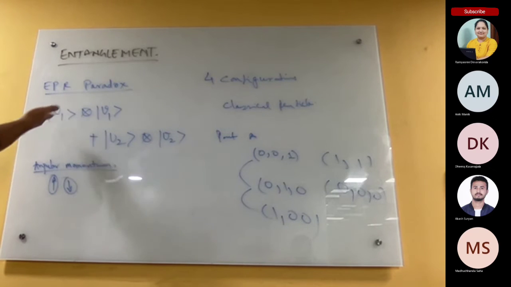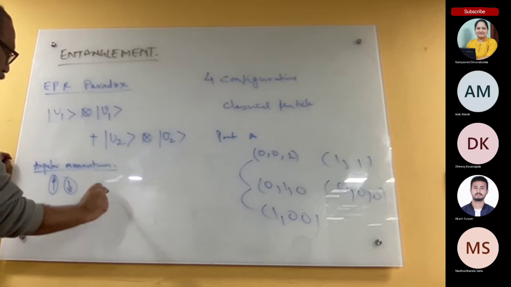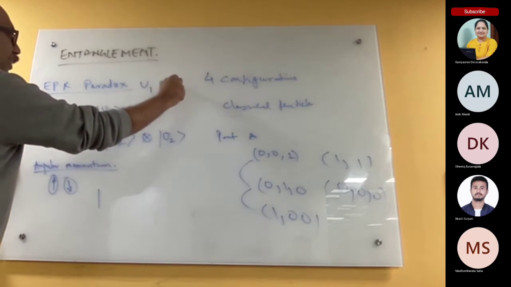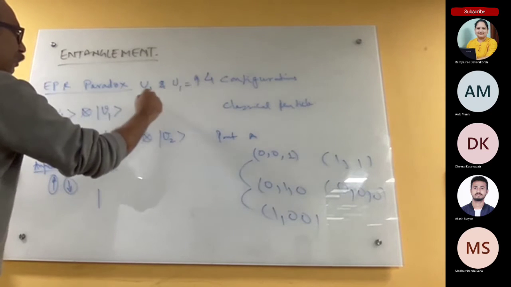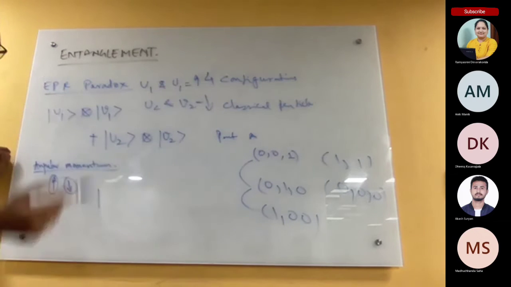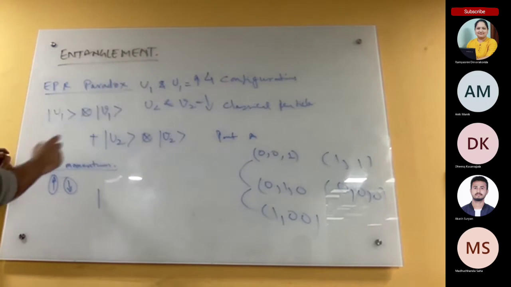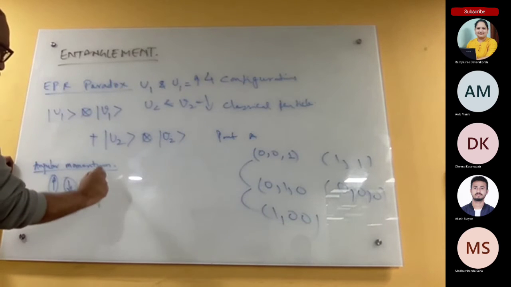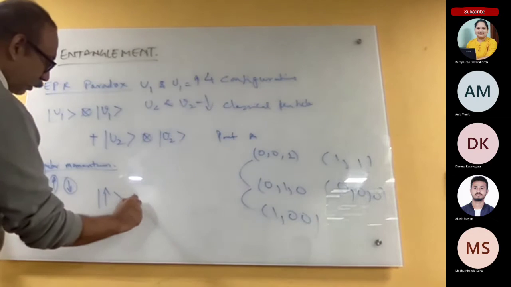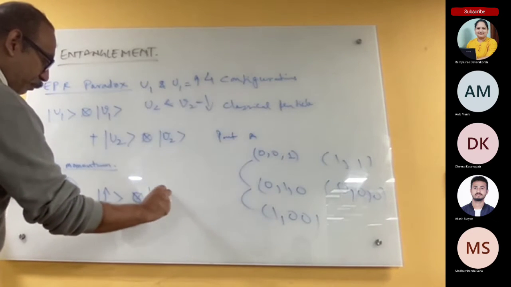So if you think about it like that, you can write, let us say U1 and V1 are up and U2 and V2 are down. So both have up and down. So this is basically U1 tensor product V1, which is again another up.